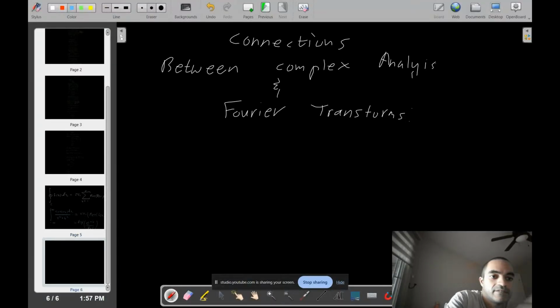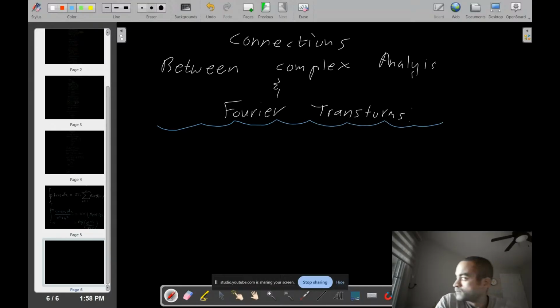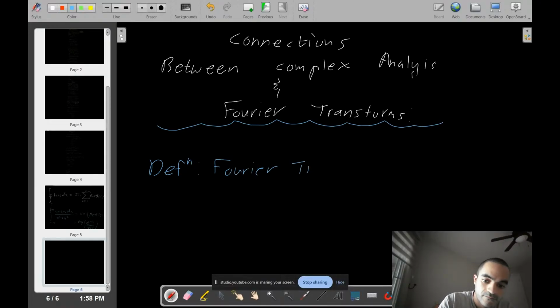All right, so we got this. We already know that if you look back at the definition of a Fourier transform, I'm going to talk about it in terms of a cosine transform and a sine transform.